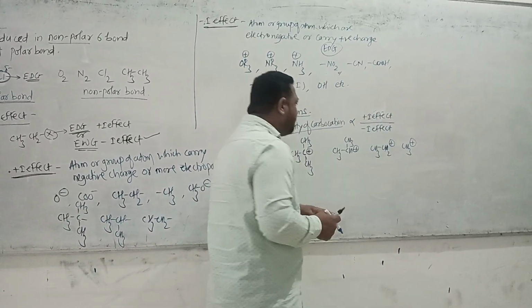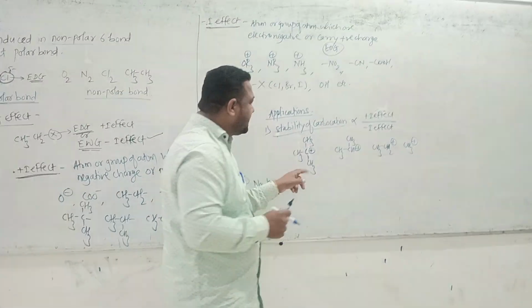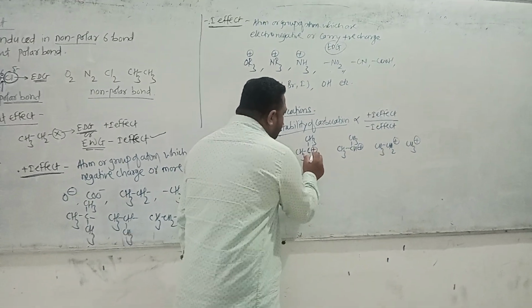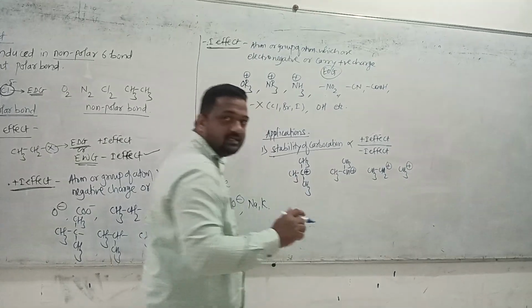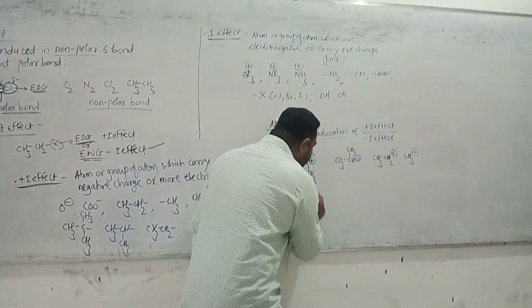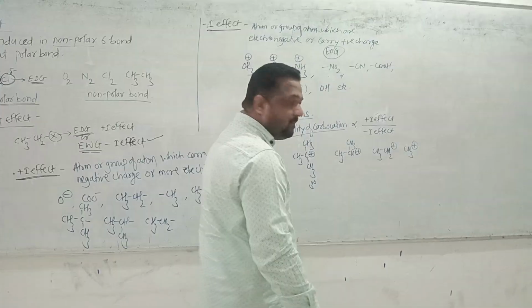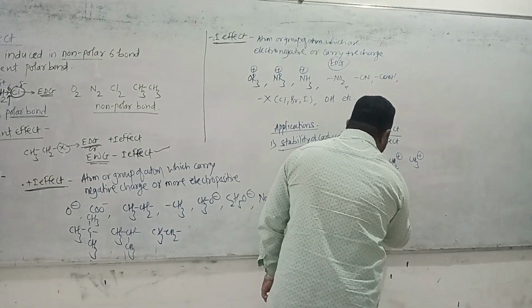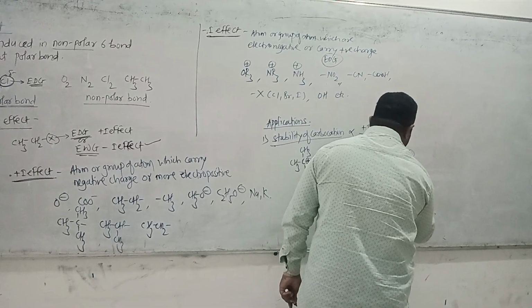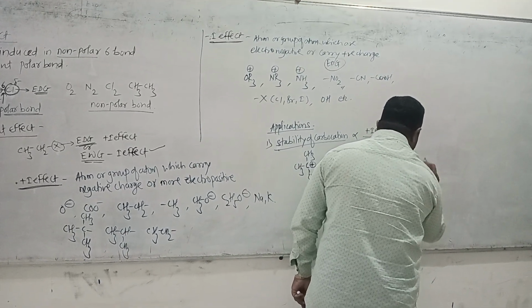In this case, the first carbocation has a carbon carrying positive charge, attached to 3 other carbons. Therefore, this is called a tertiary carbocation, this a secondary carbocation, this a primary carbocation, and this the methyl carbocation.